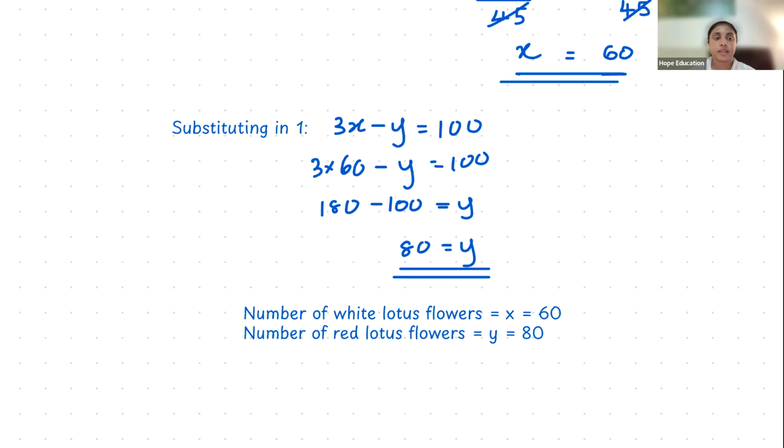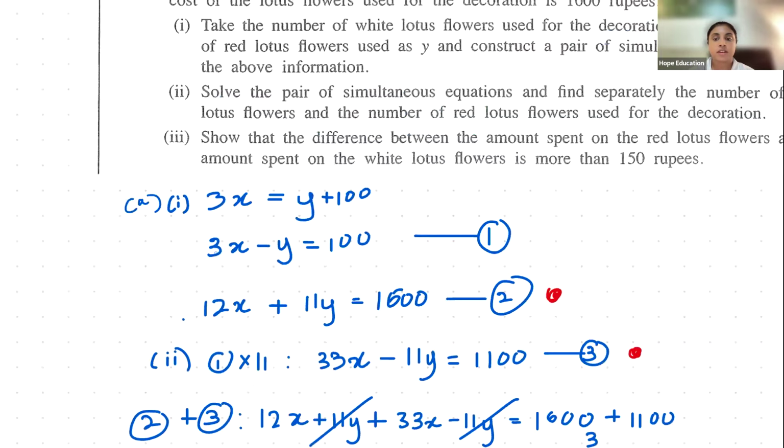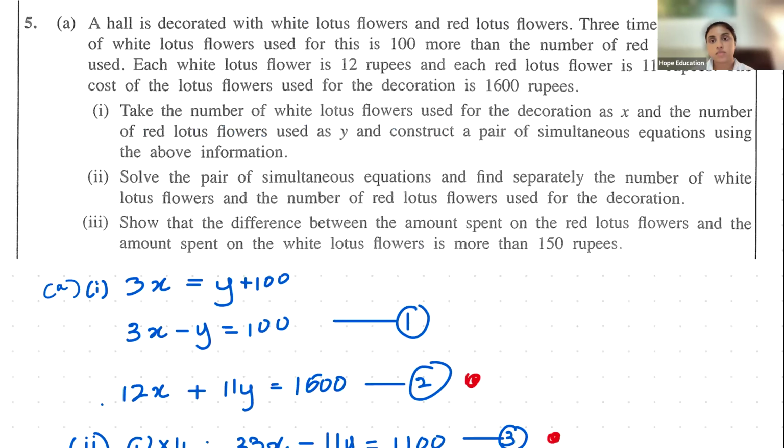All right. Let's move on to Roman number 3. Show that the difference between the amount spent on red lotus flowers and the amount spent on white lotus flowers is more than 150 rupees. Okay. We know one white lotus flower is 12 rupees, one red lotus flower is 11 rupees.